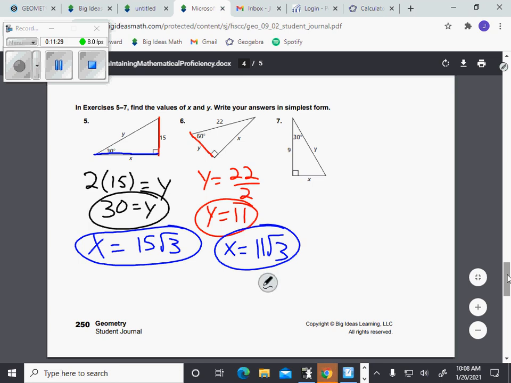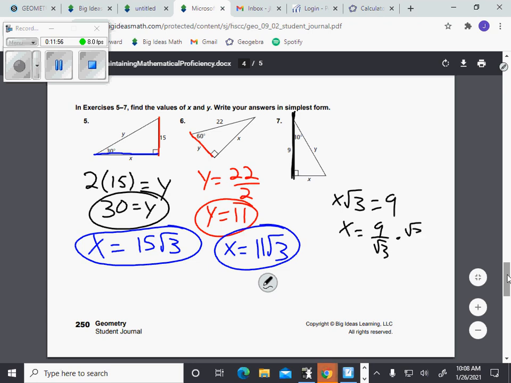Number 7. I'm going to start here at 9. Okay, that 9 was x times the square root of 3 equals 9, because that's that side. I'm going to divide by the square root of 3. Okay, so x is equal to 9 over the square root of 3. Again, I cannot have a square root on the bottom of a fraction.